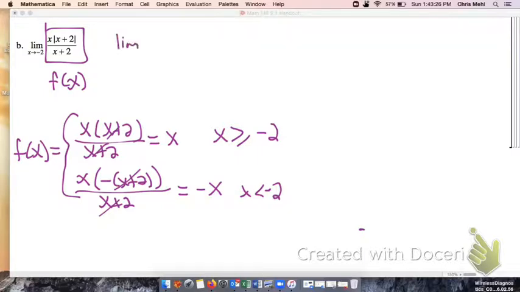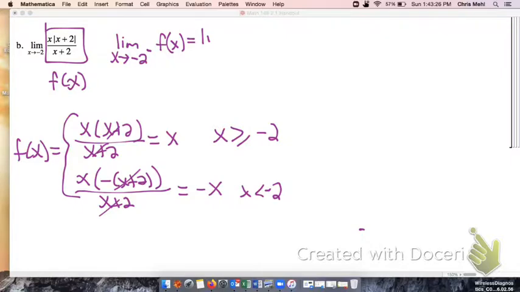So the limit as x approaches -2 from the left of this function, f of x. Again, the function simplifies to x if x is greater than or equal to -2, and minus x if x is less than -2.